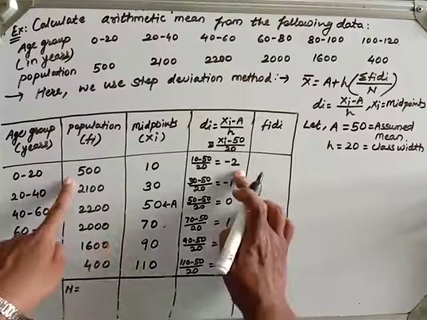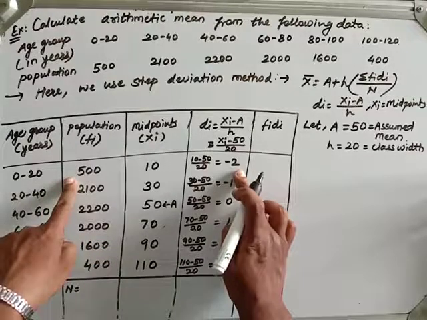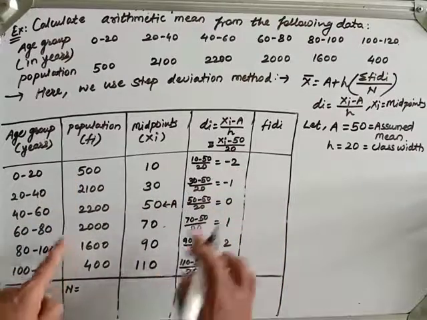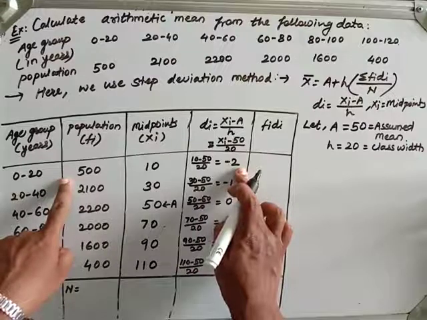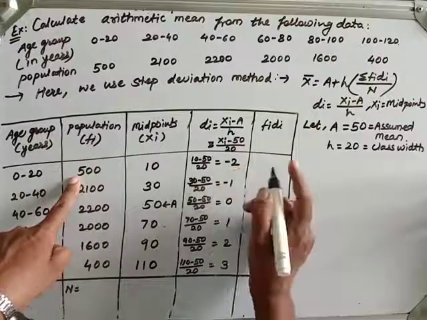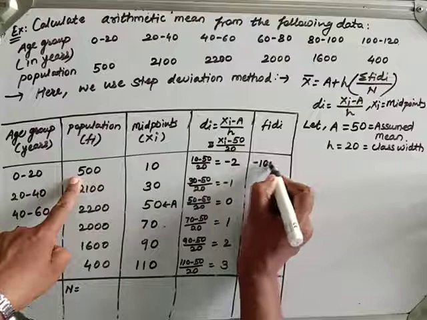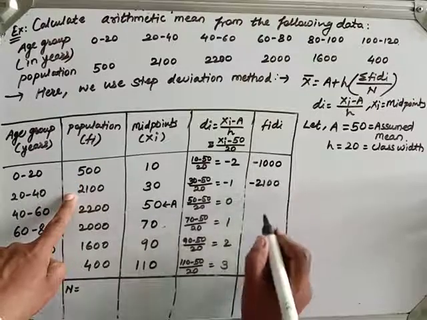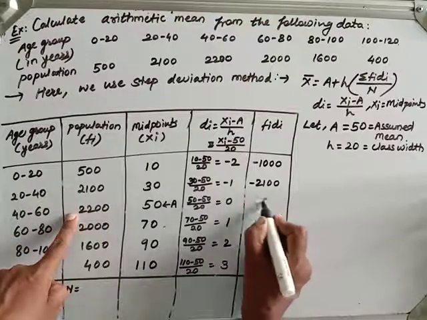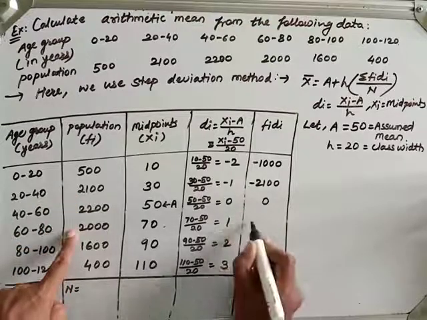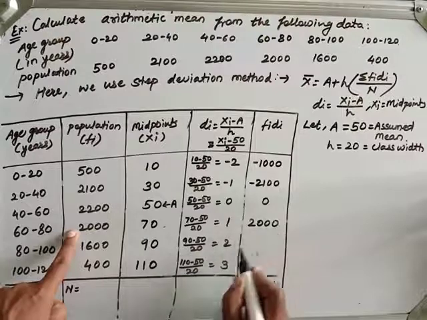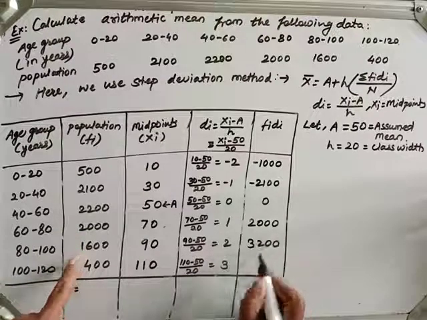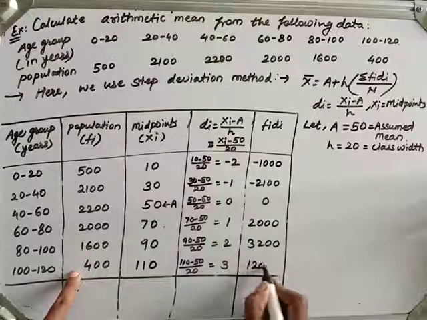Now let us take the product of these. Now look, as compared to taking this product directly, here we get small values, so the product can be easily calculated. Here we get minus 1000. This is minus 2100. This is 0. This product will be 2000. Now this product will be 3200 and this is how much? 1200.